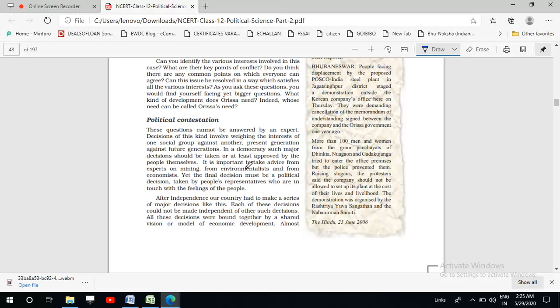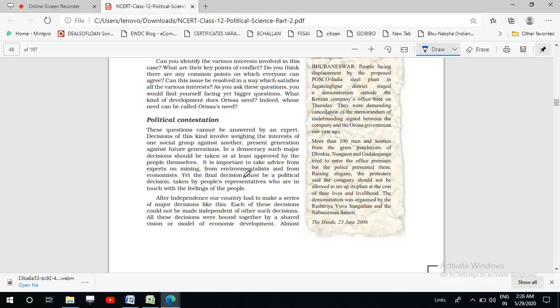But we are not having a direct democracy, so people are not involved in the decision making directly. So who will take the decision? The decision will be taken by the representatives of the people on behalf of the people. But whenever a decision is going to be taken by the political leaders, they must take advice from experts.